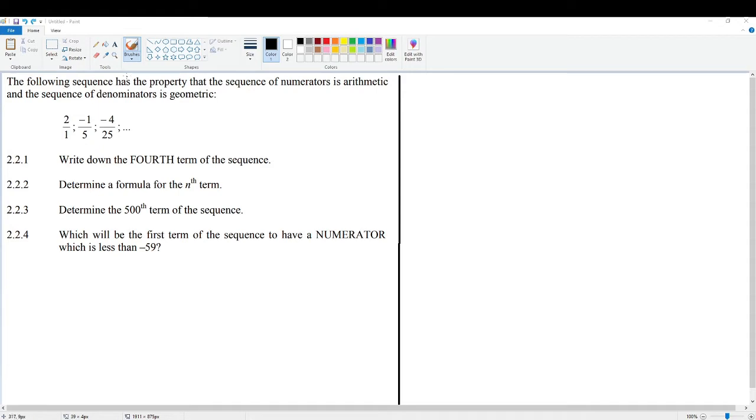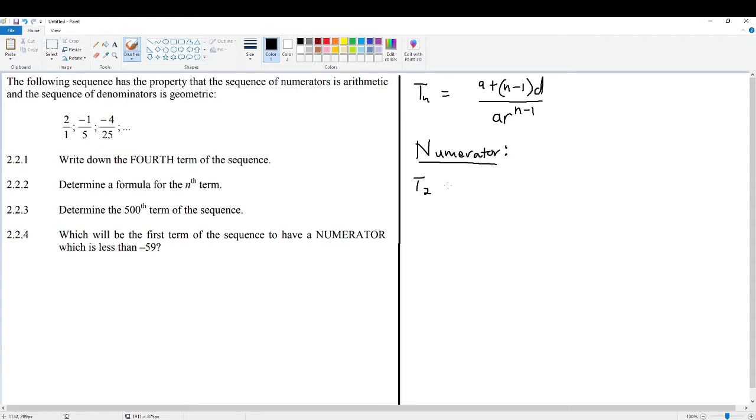So this means that the general term is Tn is equal to, the numerator is a plus n minus 1 times d, and the denominator is ar to the power of n minus 1. For us to find the common difference in the numerator, we subtract the preceding terms.